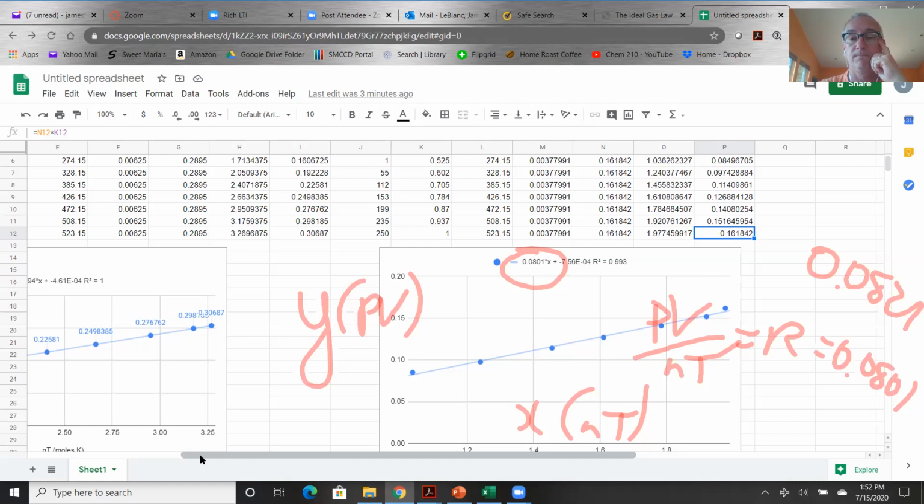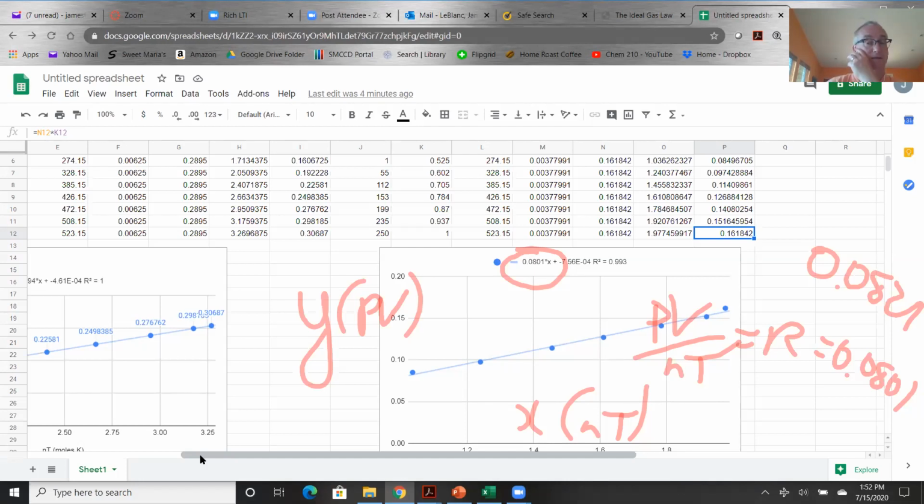Professor, I want to ask you about the data. When I choose the temperature in the beginning, do I need to use the same temperature that I used for the first gas for the second gas? No, it doesn't matter what the temperature is. Make it any temperature you want.